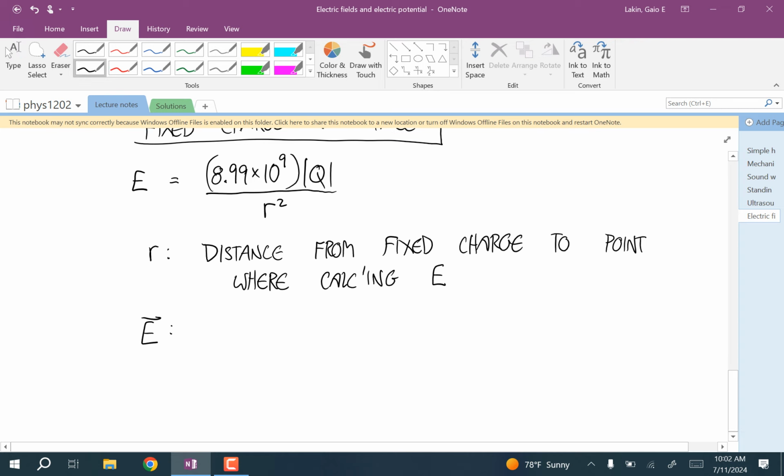Now, I gave you this calculation. Let me tell you what Q is here. So Q is the charge of the fixed charge that's creating the electric field.